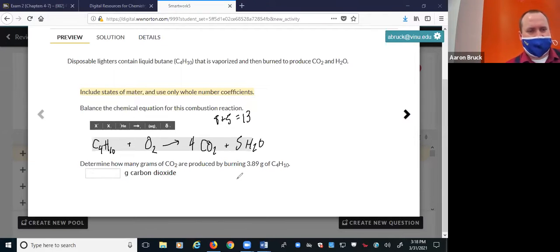And so we get faced with the dilemma of I either need to put a fraction, 13 halves, to give me the coefficient for the oxygen, or if that doesn't suit me particularly well, I can take all of these numbers and multiply them by 2 to give me whole number ratios, which is what they're ultimately looking for here. And so 8 of these, 10 of these, 13.